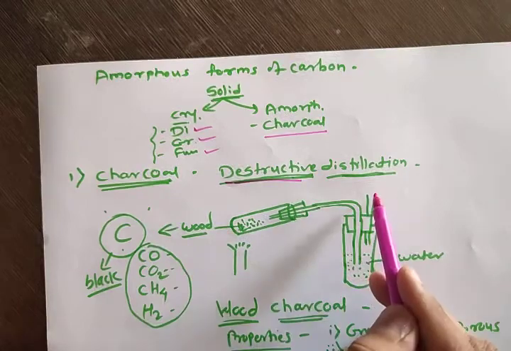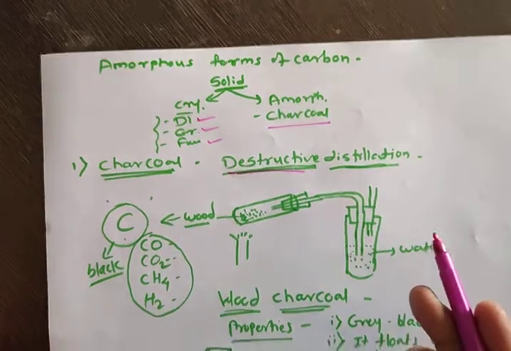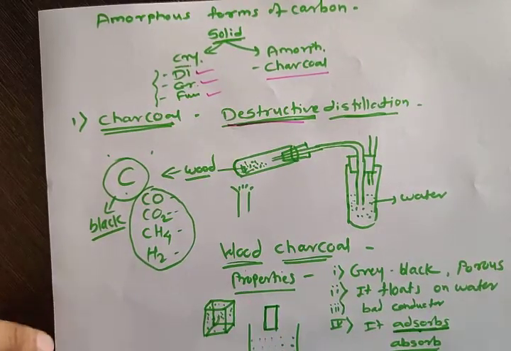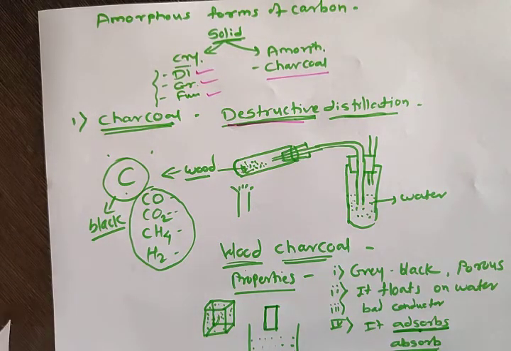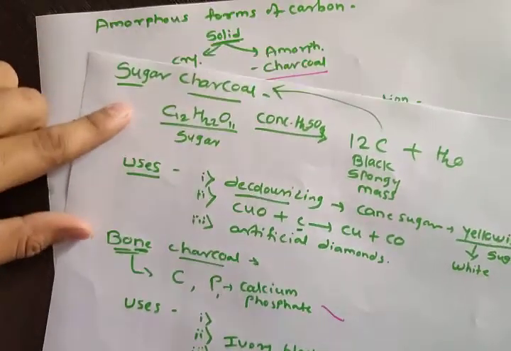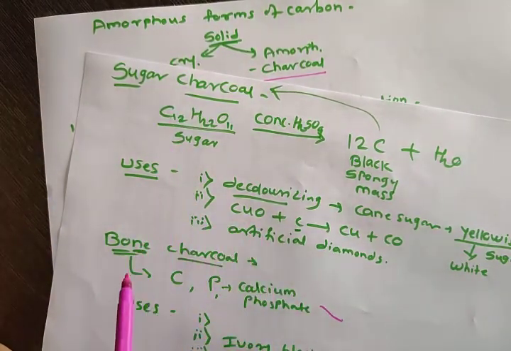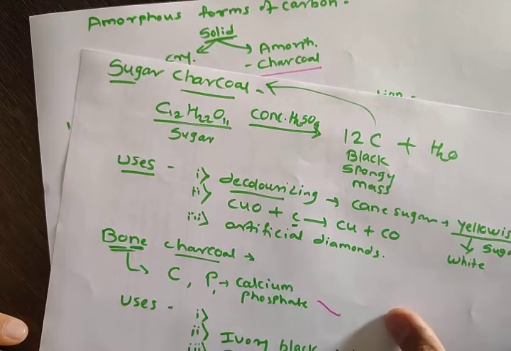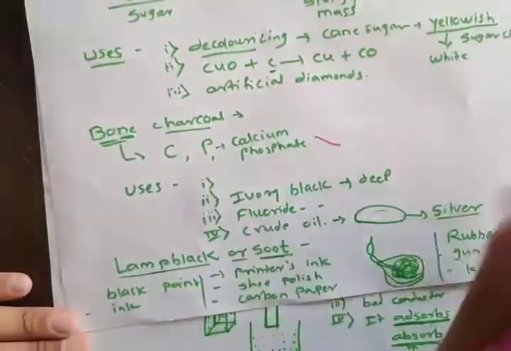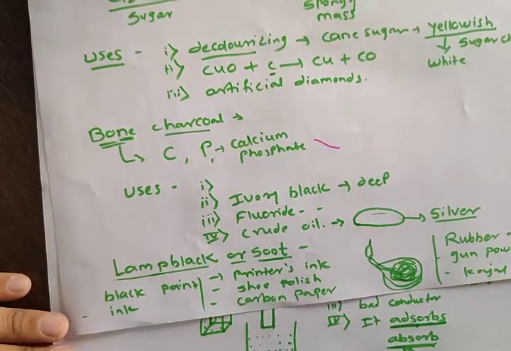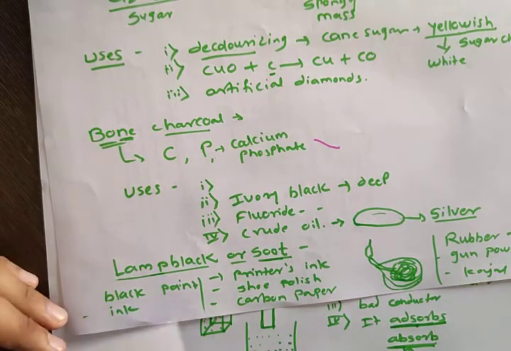If we do destructive distillation, we get various kinds of charcoal. First we get wood charcoal, then we manufactured sugar charcoal. Sugar charcoal is also prepared by destructive distillation. Then we saw bone charcoal. Then lamp black or soot, that we also studied.